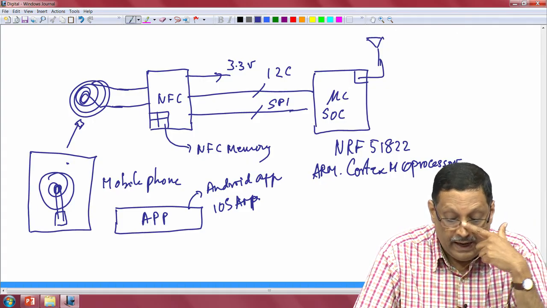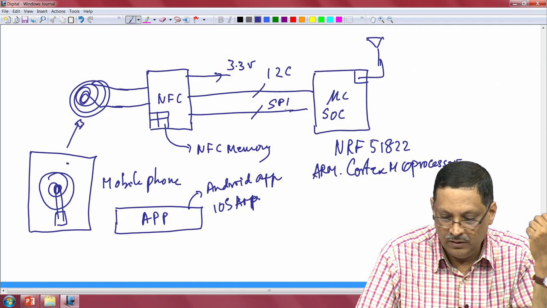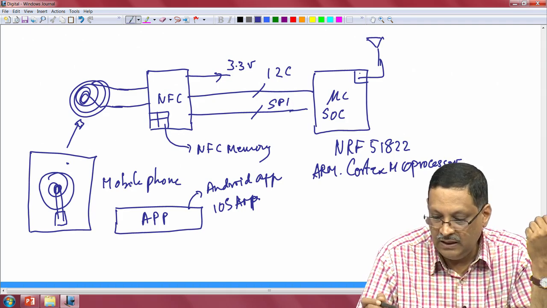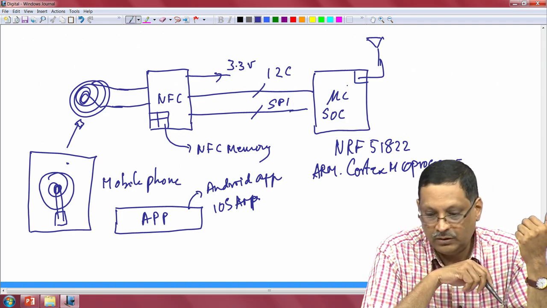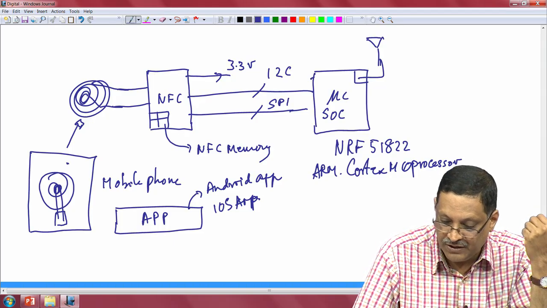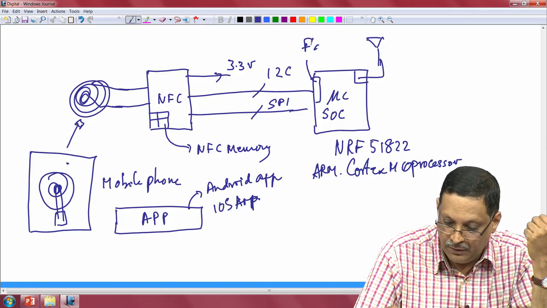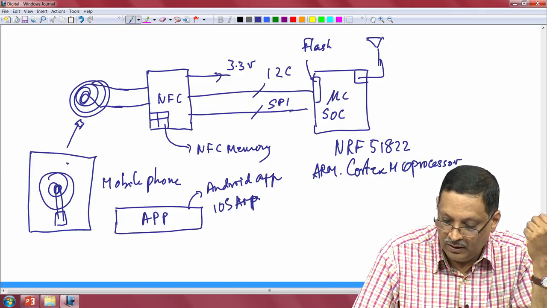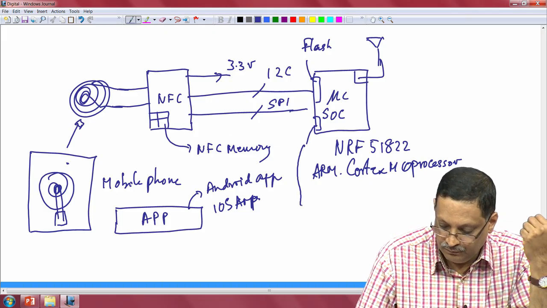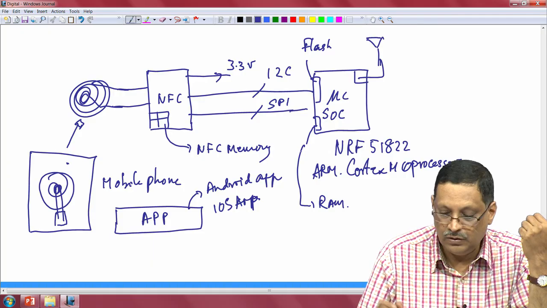You can also access the microcontroller through SPI and I2C, and read and write into that location as well. So if there is, let us say, a flash memory location or some RAM area, you can actually also do that.